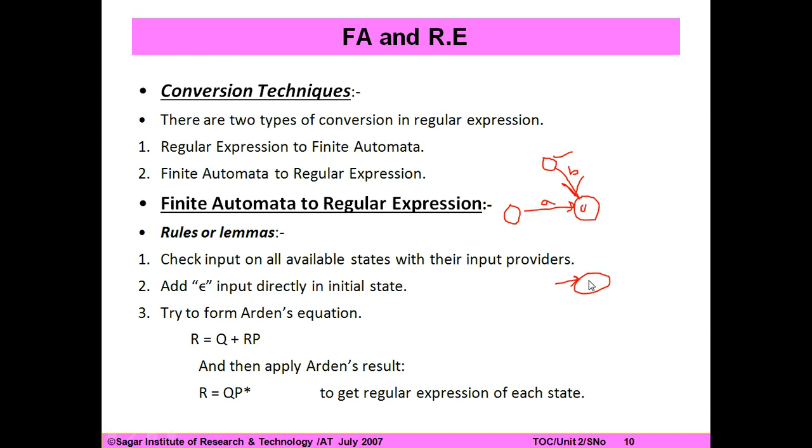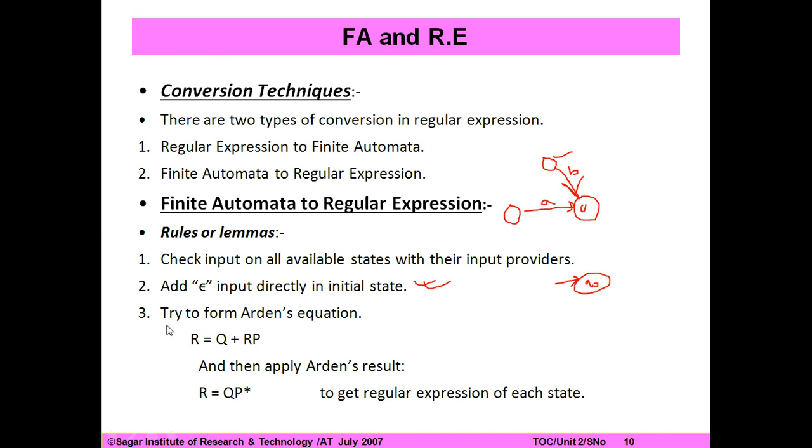We are in the initial state itself. Whatever finite automata we are going to see, if we give any kind of input or don't provide any input, it doesn't matter. We are in the initial state itself, and that's why we are adding this epsilon in the initial state. We'll see later in more detail.